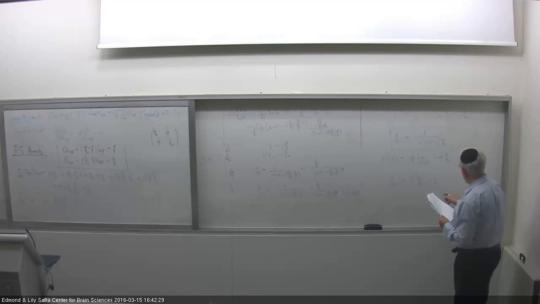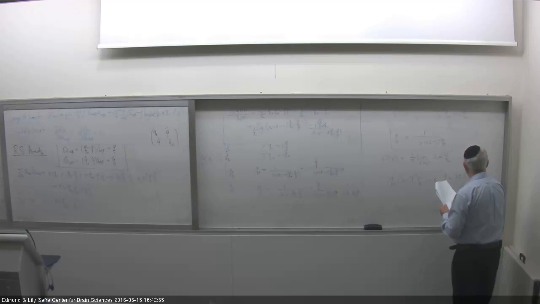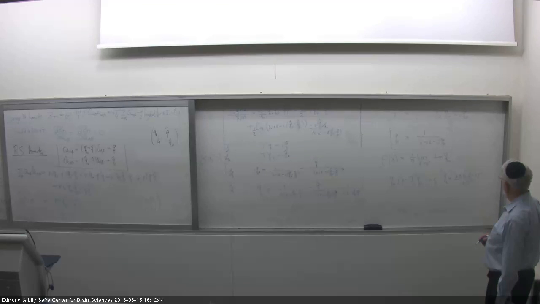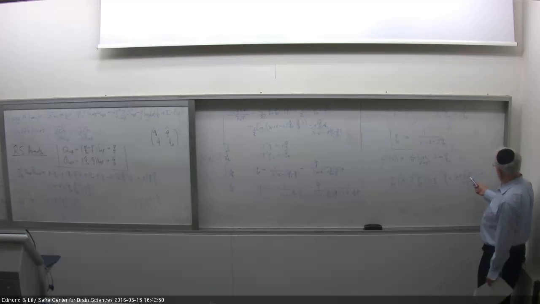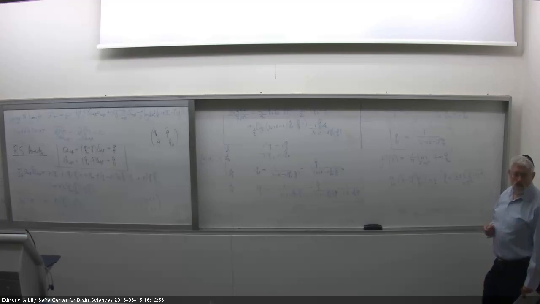And what you get is Q0 equals lambda plus or minus the square root of lambda squared minus 4j squared, over 2j squared. Now you see what's going on. If lambda is bigger in magnitude than 2j, this is real, and there is no imaginary part of Q0.